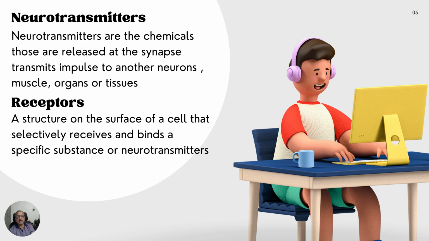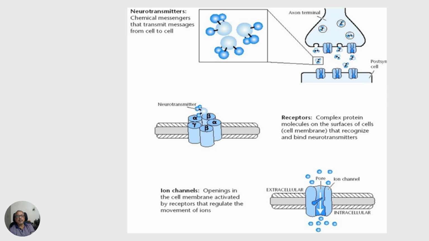Now let us understand the definition of the neurotransmitter and receptor. Neurotransmitters are chemicals that are released at the synapse and transmit impulses to other neurons, muscles, organs or tissues, whereas a structure on the surface of the cell that selectively receives or binds a specific substance or neurotransmitter is called a receptor.